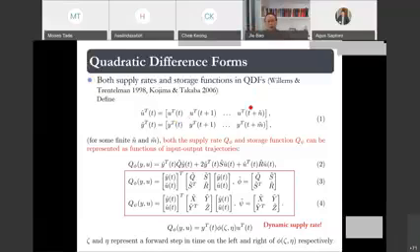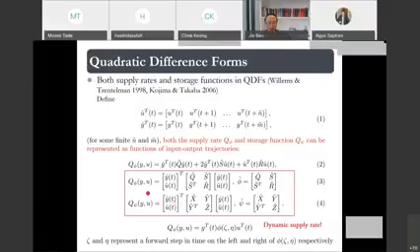Let's assume you have n steps, and for the output we also look at the trajectory, so y hat is a trajectory of the output. Then we can use new ways to define the supply rate and the storage functions, where the storage function and supply rate can be a quadratic function of the input and output at different time steps, given in equation number 2 here. Okay, so y hat is y1, y2, y3, and so on and so forth, and u hat is u1, u2, u3, and so on and so forth.